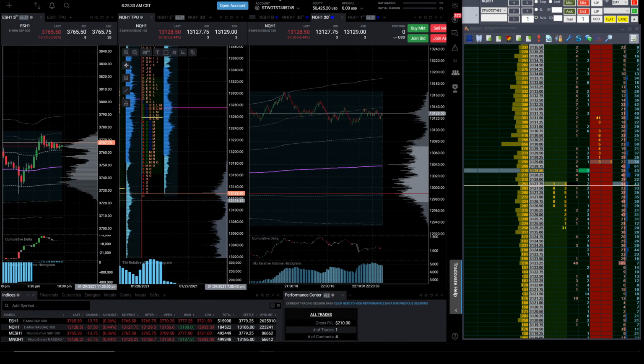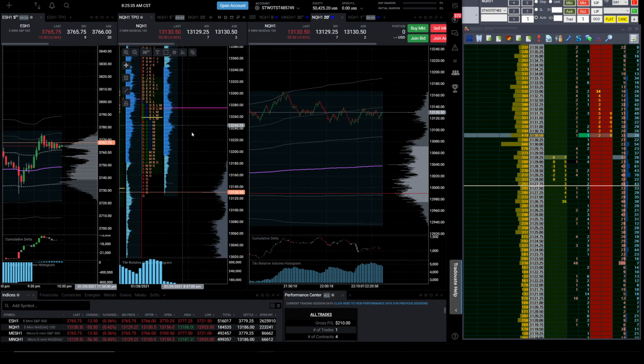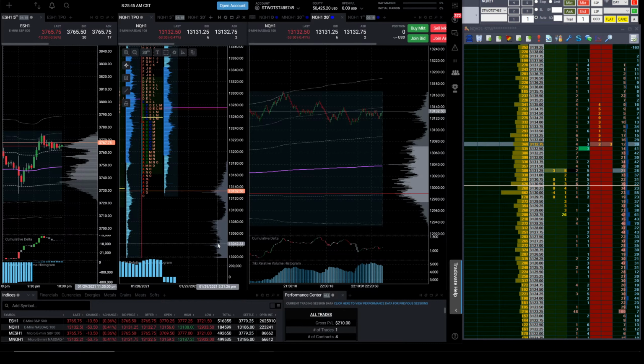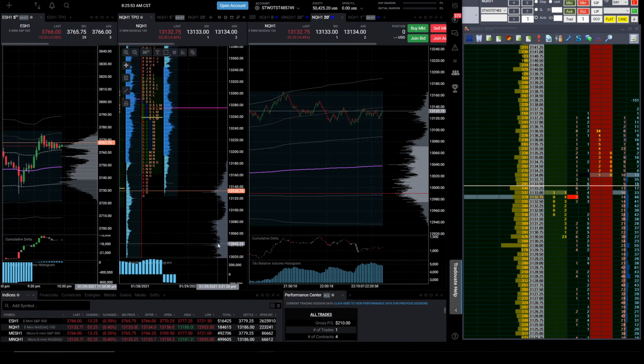This is market profile with the volume, and this is the daily volume across Globex. That's quite irritating.